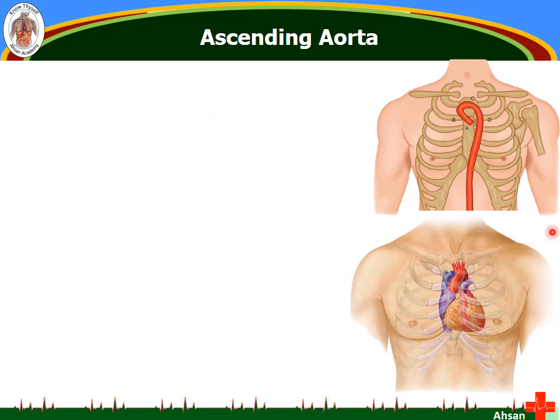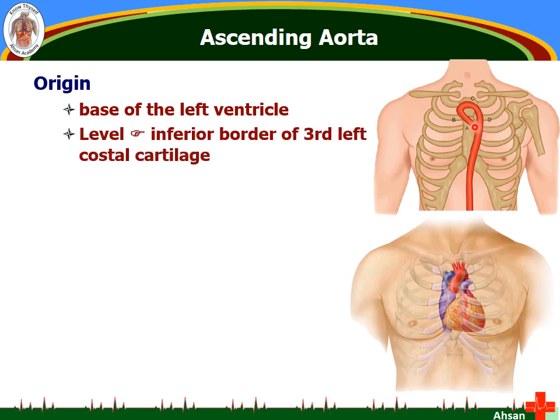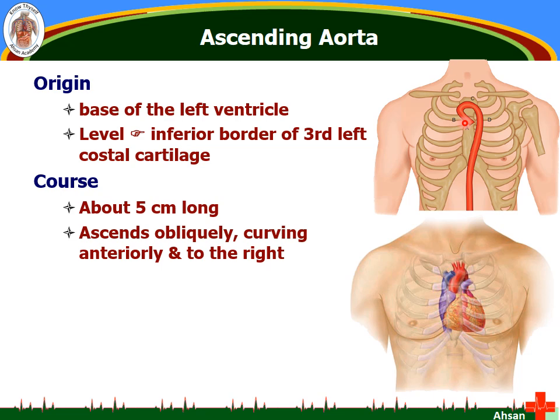This ascending aorta originates from the left ventricle, as we have just discussed, and this one you can see is the third rib continuing as the third costal cartilage. So it starts at the level of the left third costal cartilage, and it ascends superiorly as well as to the right and is a bit anteriorly curved.